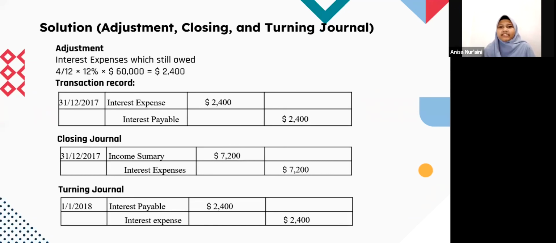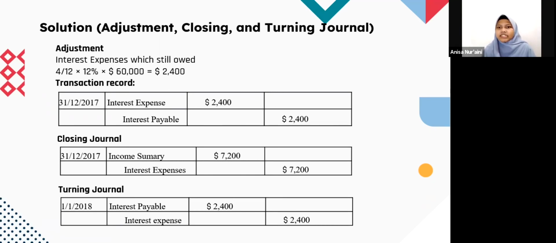Then, this is the adjustment, closing, and turning journal. The adjustment journal is interest expense on debit and interest payable on credit for 2,400. The closing journal includes income summary on debit and interest expense on credit for 7,200.